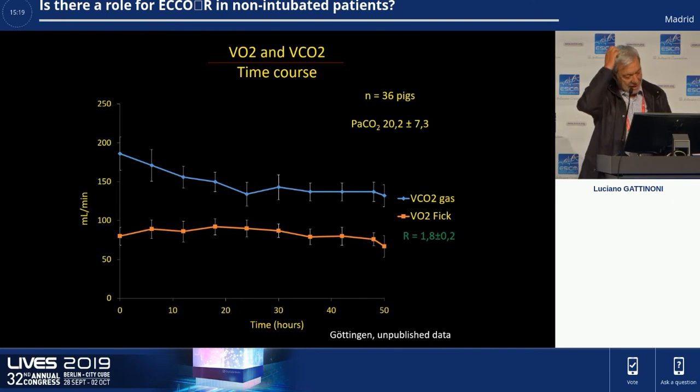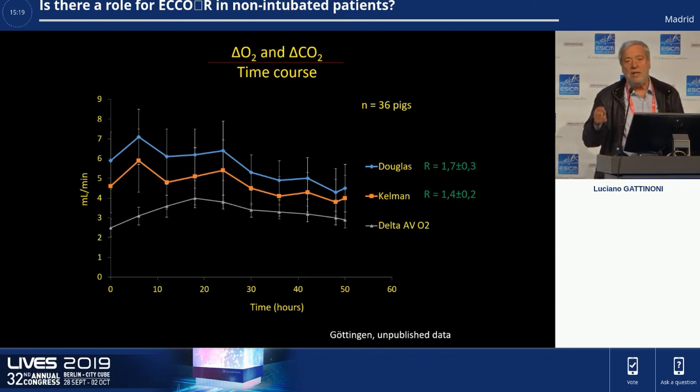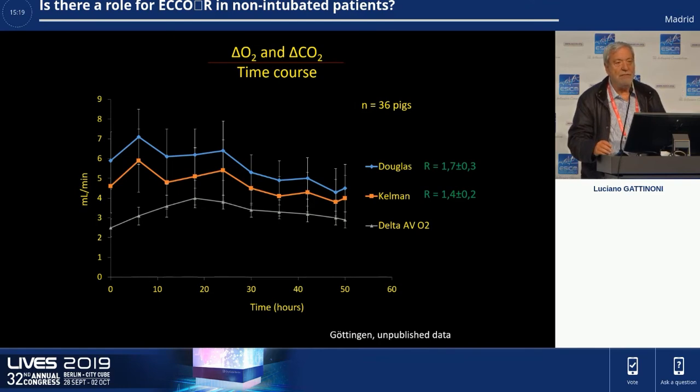So we said, well, okay, maybe we measured something wrong. So we recently redid these experiments, measuring the VO2 in an absolutely perfect way, which is through the closed system, through the gases, and measuring the VCO2 in 3-4 modes, and oxygen consumption in 3-4 modes.